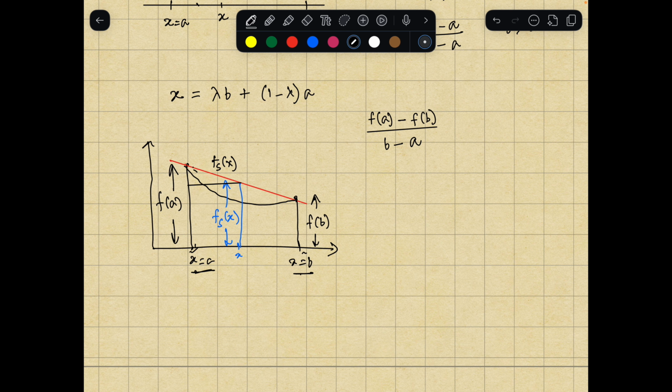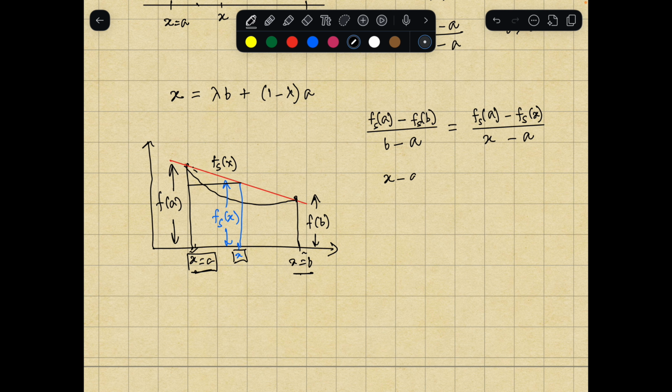This slope should be equal to the slope calculated between x equal to a and x. From these 2 points we can calculate the slope as (fs of a minus fs of x) by (x minus a).